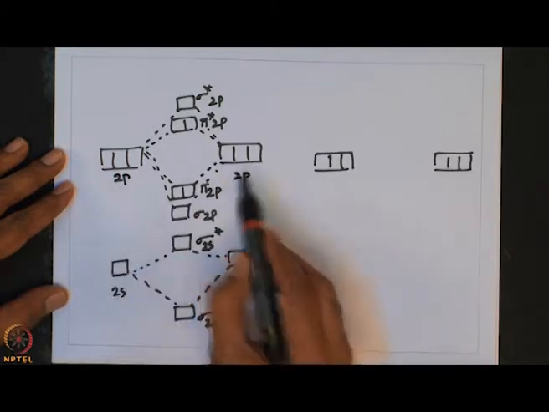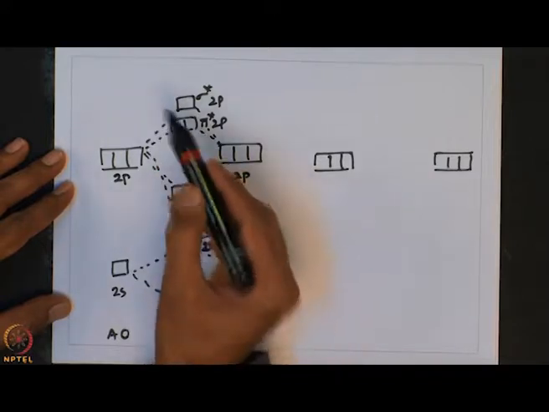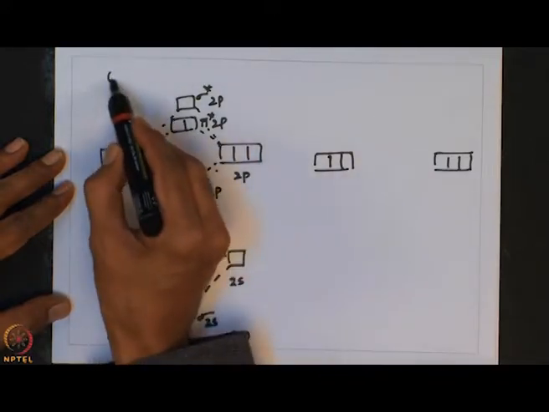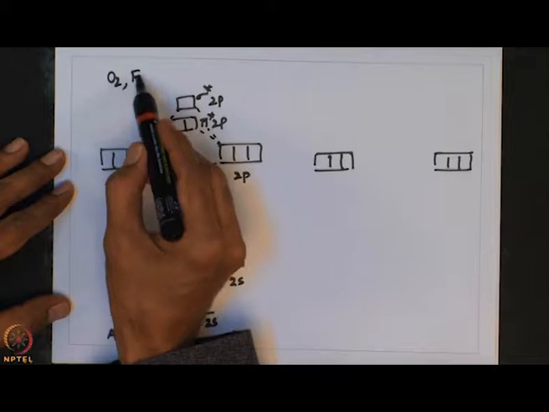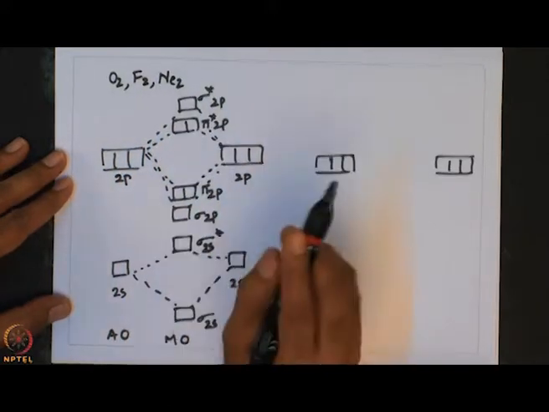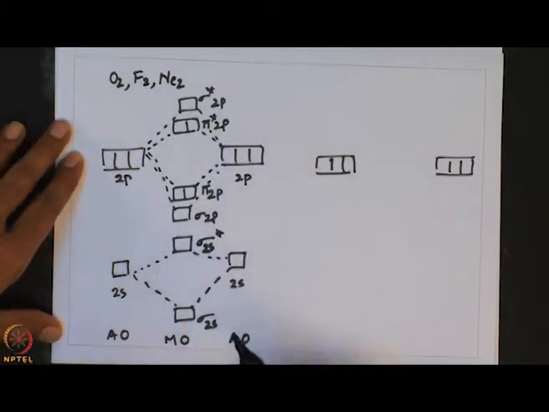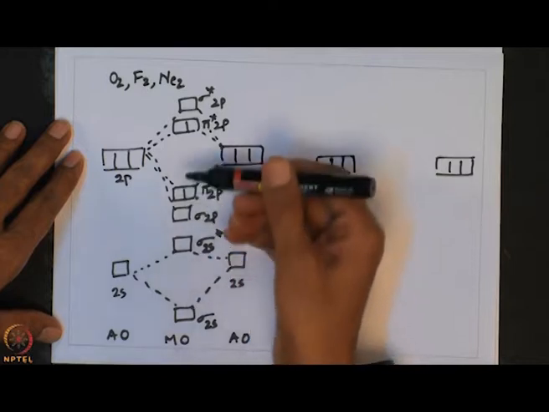This is how one can write the MO diagram. This is atomic orbital and this is atomic orbital, and this represents the diatomic species O2, F2 and Ne2. The exceptions are a different issue, but one can write the MO diagram in this fashion, keeping the energy in this order.